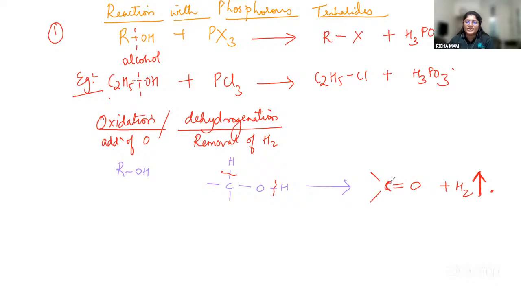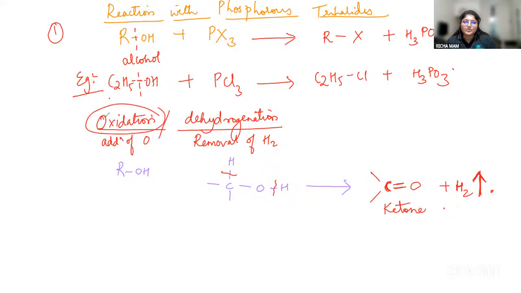They are going to form ketones. So what you can see is there is a loss of hydrogen from the alcohol. When there is a loss of hydrogen, we call it a dehydrogenation reaction.